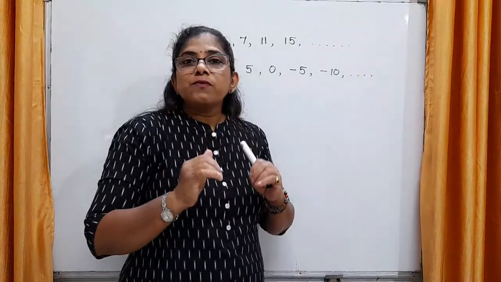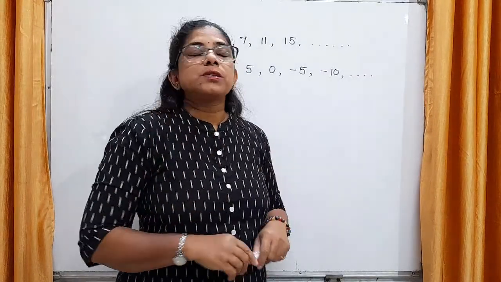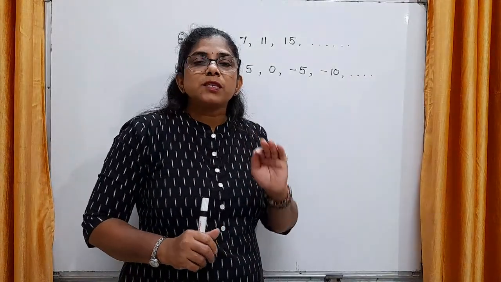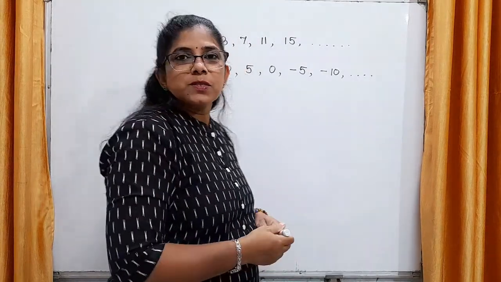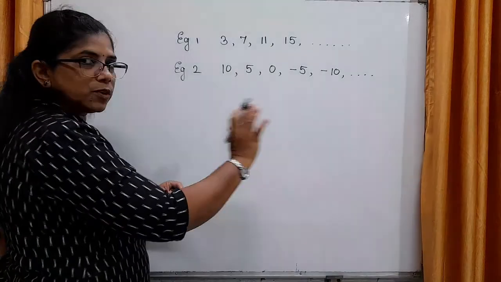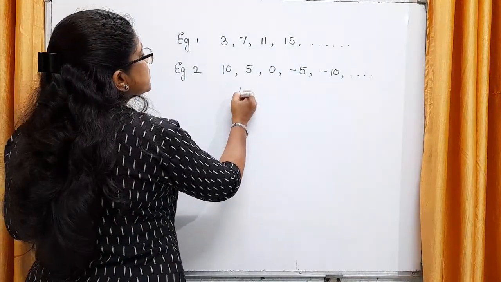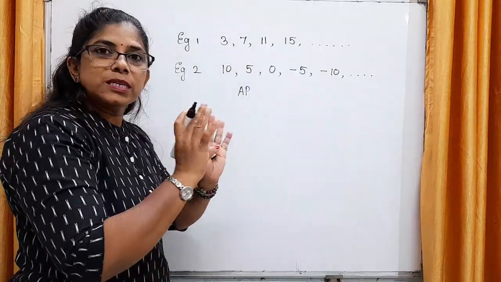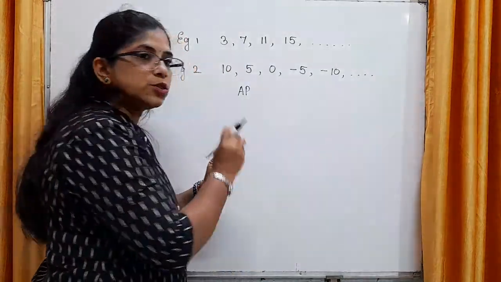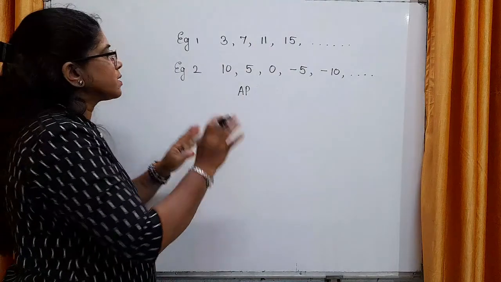Now, when we start solving the sums of this arithmetic progression, there are some specific terms involved in this. So, in short, let us see what those terms are. As I said, first, the short form: arithmetic progression is called AP in short. We are not going to write arithmetic progression all the time.